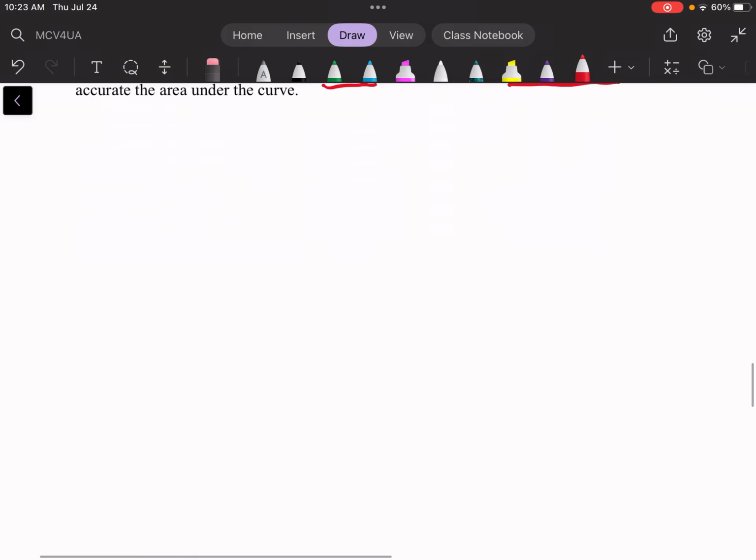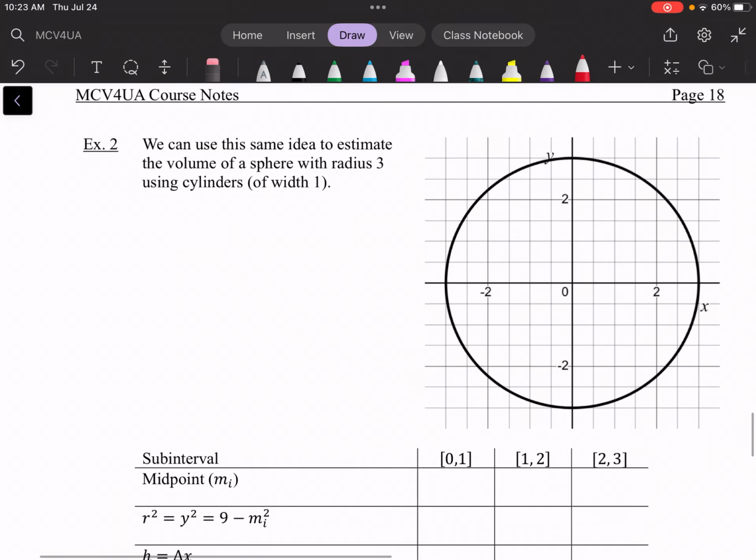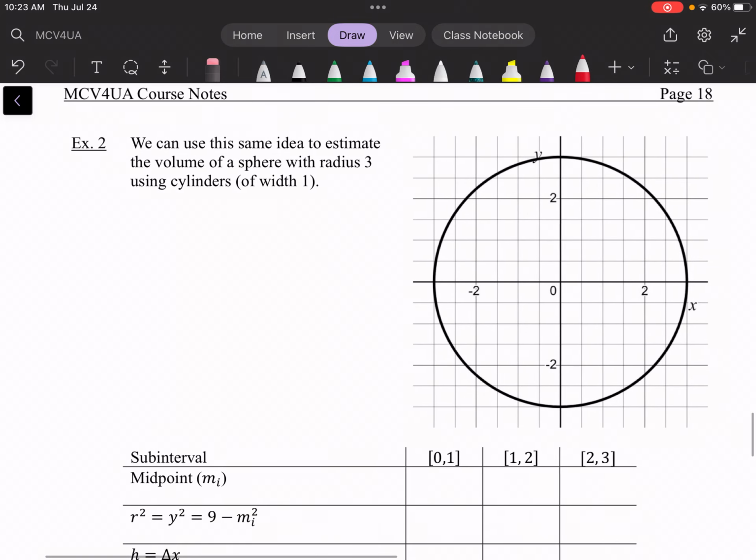Okay, so we're going to take this idea and go a little further and see if we can use this to estimate the volume of a sphere with a radius of 3. Now, as you can see to the far right, my drawing for my function is a graph of a circle. A circle is not a sphere.